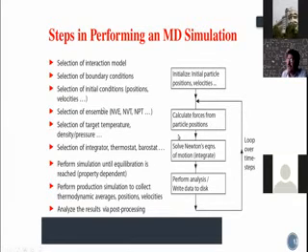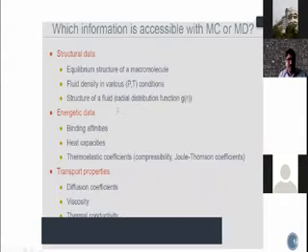Ensembles are the conditions under which we are simulating, like normal temperature and pressure conditions. There is no pressure boundary condition, or there is no change in pressure and temperature, which is an open system, open to the surroundings.